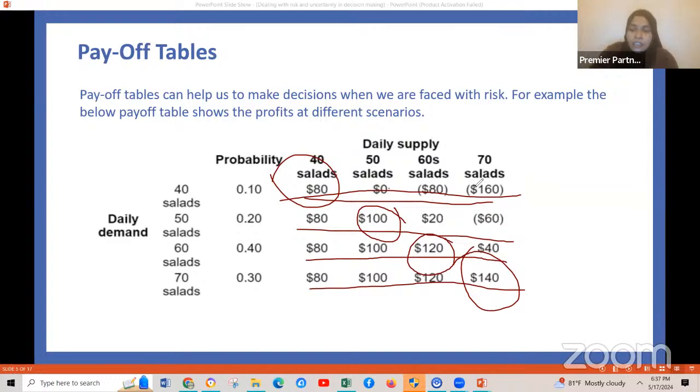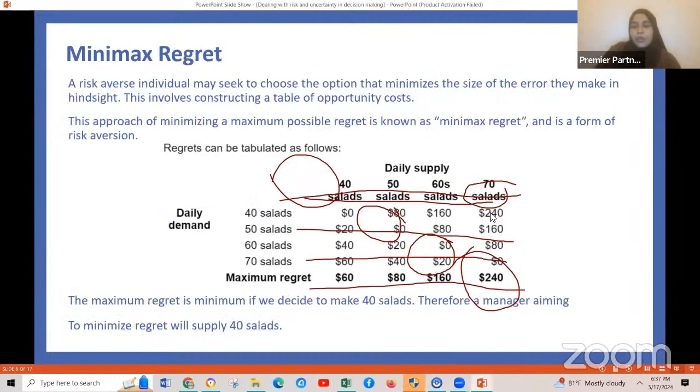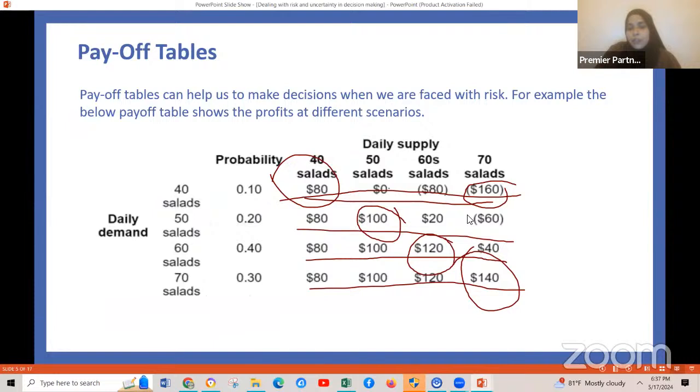Now here, if the demand was 40 and you supplied 70, you are making a loss of 160. So you're regretting, oh no, I lost 160. Not only that, if I had made the right decision to supply 40, I could have made 80 more as well. So your total regret is 160 plus 80, 240. So here you put the regret table like that. That way you have to do each and every line.